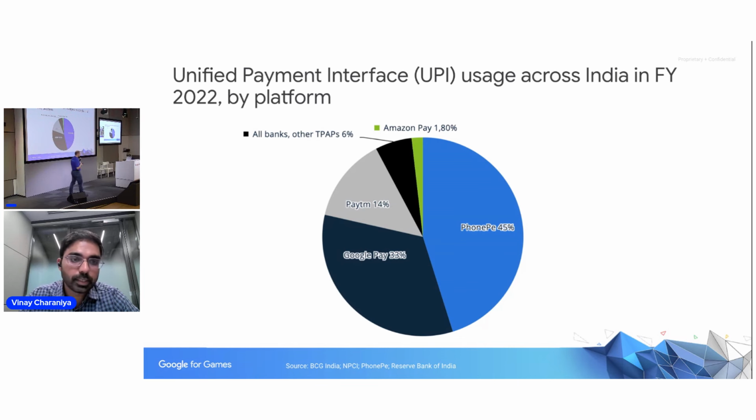And like I said, it's super popular because there are no charges that the user or the merchant has to pay to the government for using it. And that's something a lot of gaming developers have started benefiting from, with users coming online and transacting via non-cash methods.